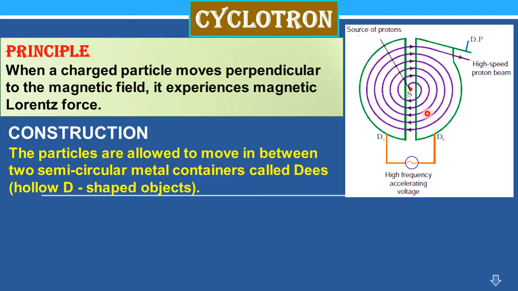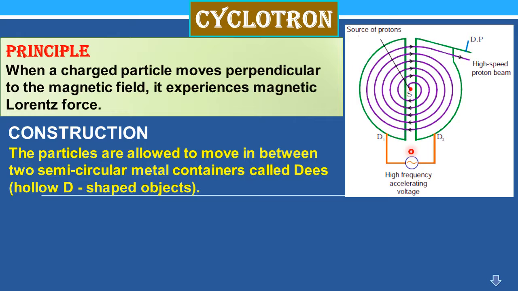The Ds are connected to a high frequency alternating potential difference. Here you can read the high frequency accelerating voltage.